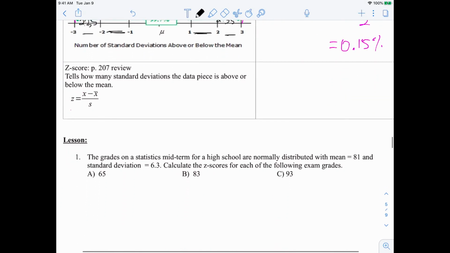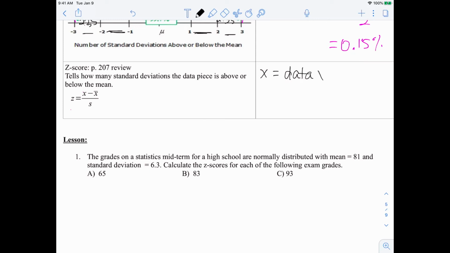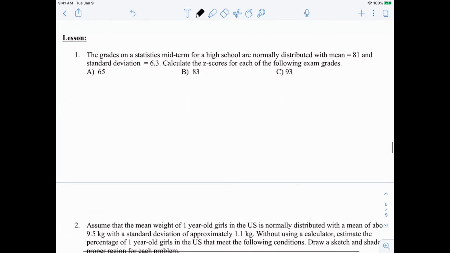Just as a recap, this is the equation for the z-score, where z equals x minus x bar over s, where x is your data value, x bar is your mean, and s is your standard deviation, which I'm still abbreviating because it's too long to write out. So let's recap that and practice calculating z-scores with number 1.